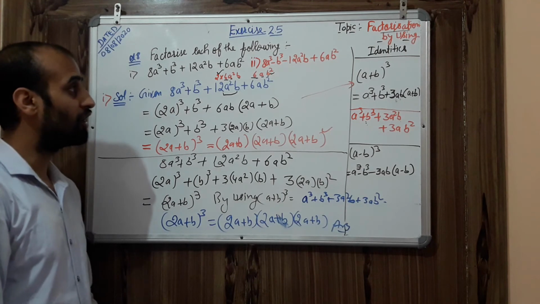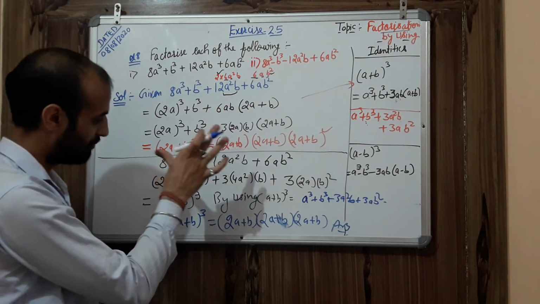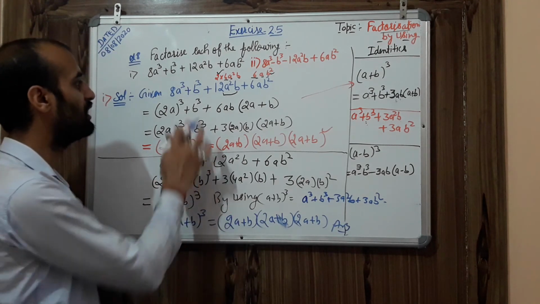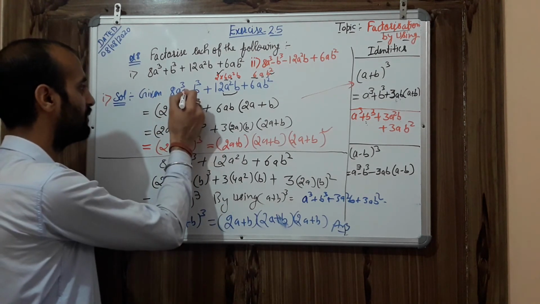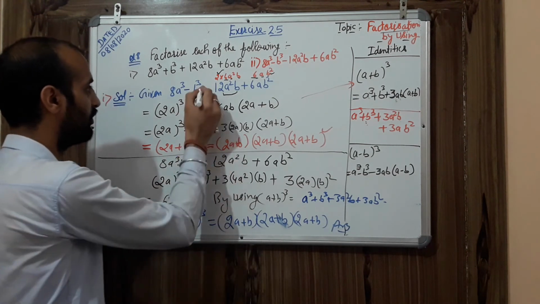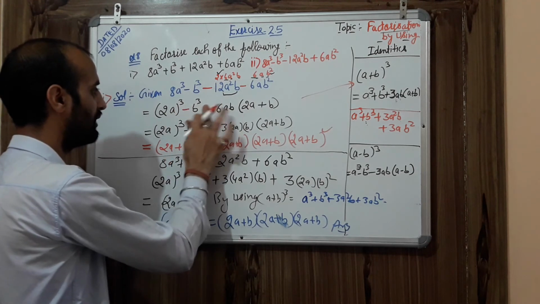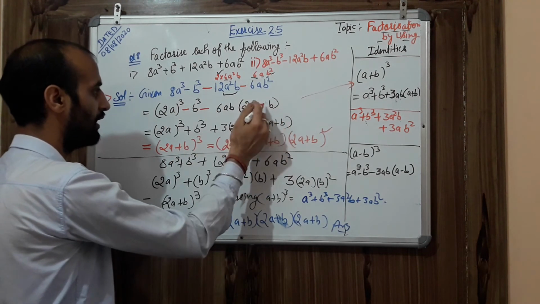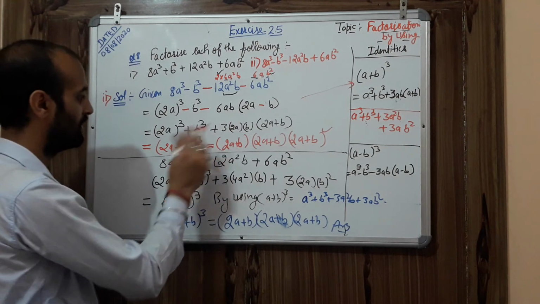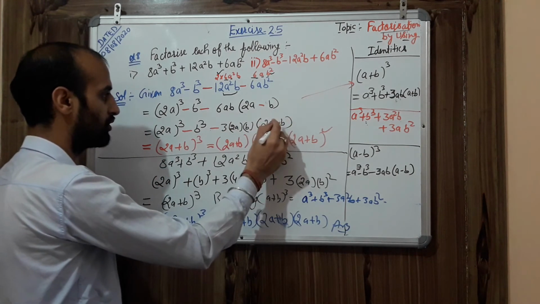Similarly, you can solve the second question, where all signs are negative. That means the method remains similar, we just need to change the signs. It becomes negative here. So let me change the signs. I want to tell you what the difference is between the two questions. Similarly, it becomes negative, it becomes negative, and it becomes negative. For the second answer, just a few changes are required, and your question remains similar.